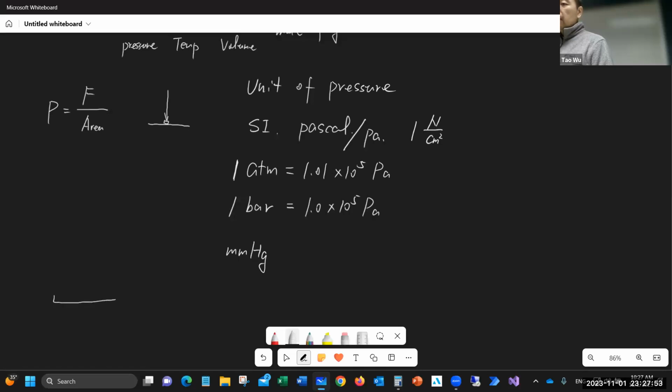So they made a device, and it's a pretty simple device. They put a container here, and this container is open.